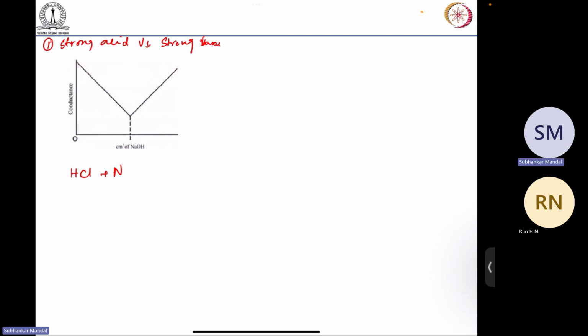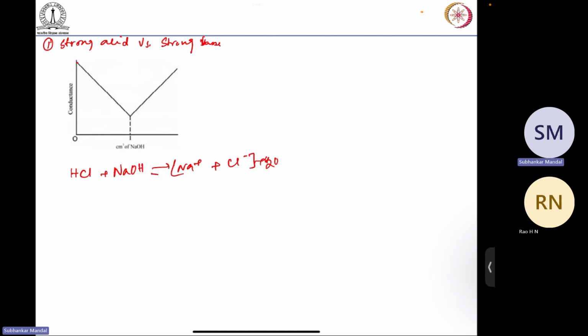So you have HCl taken in the beaker, or in the conical flask, and you are adding NaOH. What will it form? Na plus, Cl minus and H2O. It is forming like this. Now my question: why is this curve like this?